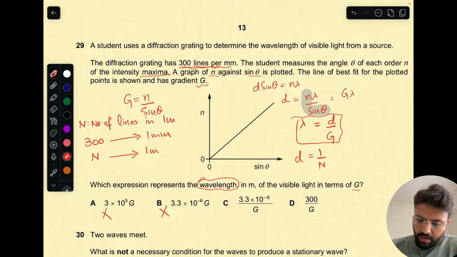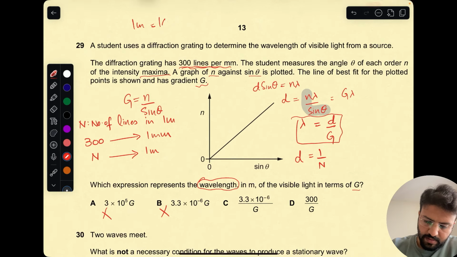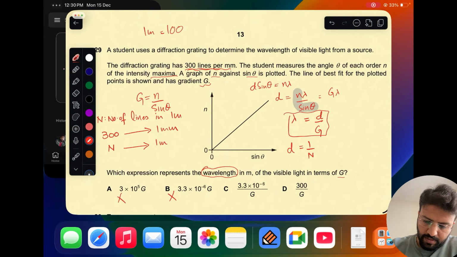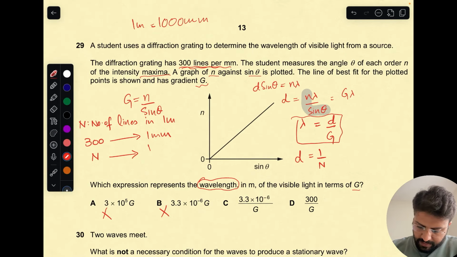1 meter can be written as 1000 millimeters. Do the comparison method: n over 300 equals 1000 over 1.